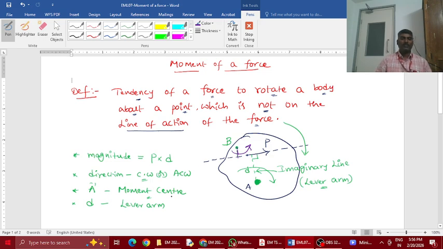So if you change the moment center, the nature of rotation itself is changing. The magnitude obviously changes because you change the distance. See, this is lesser in distance, so less moment, less magnitude. Okay, so moment is measured in units like force multiplied by the distance, maybe Newton meter. Okay, whatever it is, right?